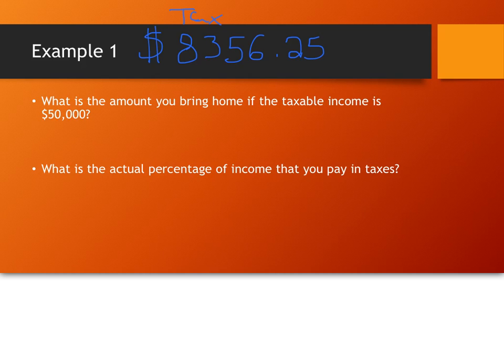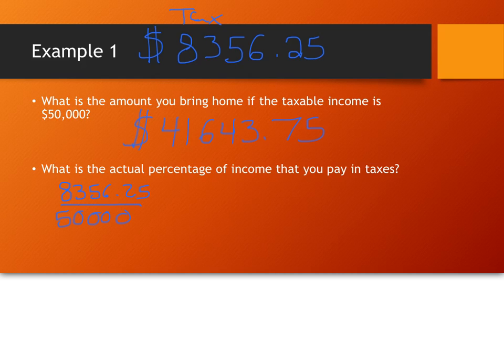Okay. So technically, you made $50,000, but you brought back $41,643.75. Okay. And what's the actual percentage of income that you pay in taxes? Well, the way we calculate it is you take that 8356.25, divide it by your actual income, 8356.25 divided by 50,000.